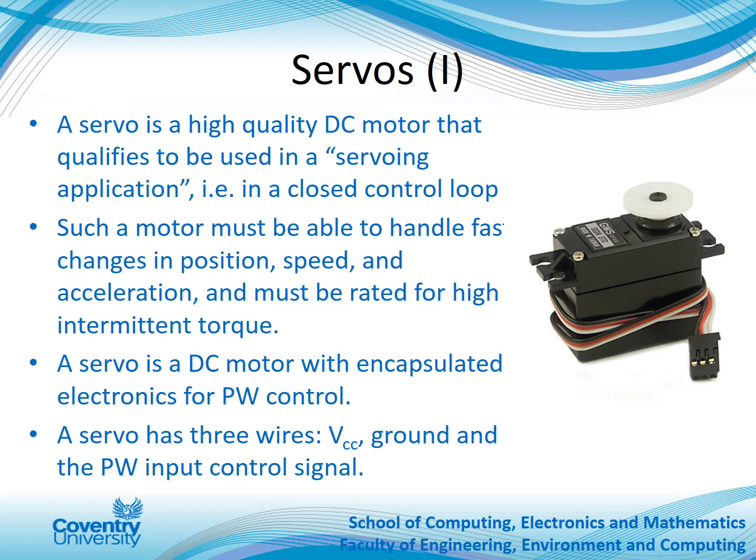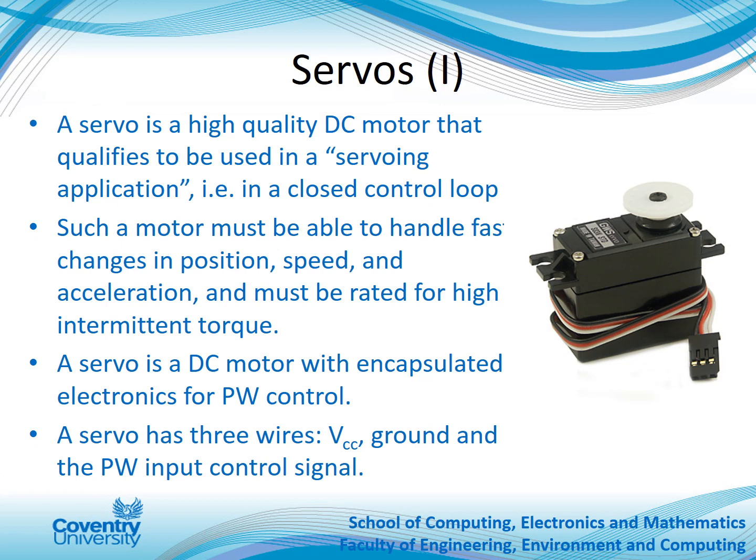DC motors are sometimes referred to as servo motors. This is not what is meant by the term servo, however. A servo motor, such as the one shown here on the right, is a high quality DC motor that qualifies to be used in a servoing application. That means it has some form of closed loop control associated with it.